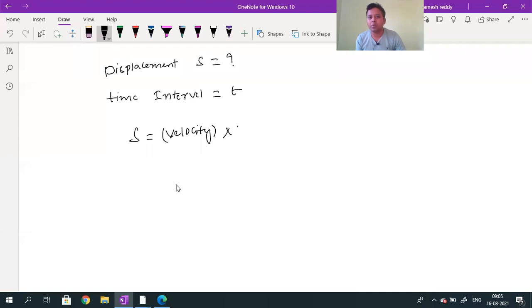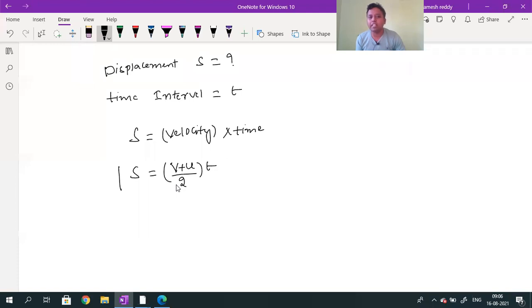But which velocity can I consider when both velocities are given, initial velocity u and final velocity v? I can consider the average velocity. So what is the average velocity for a given time interval t? The general formula for average velocity is (v plus u) by 2, into t.